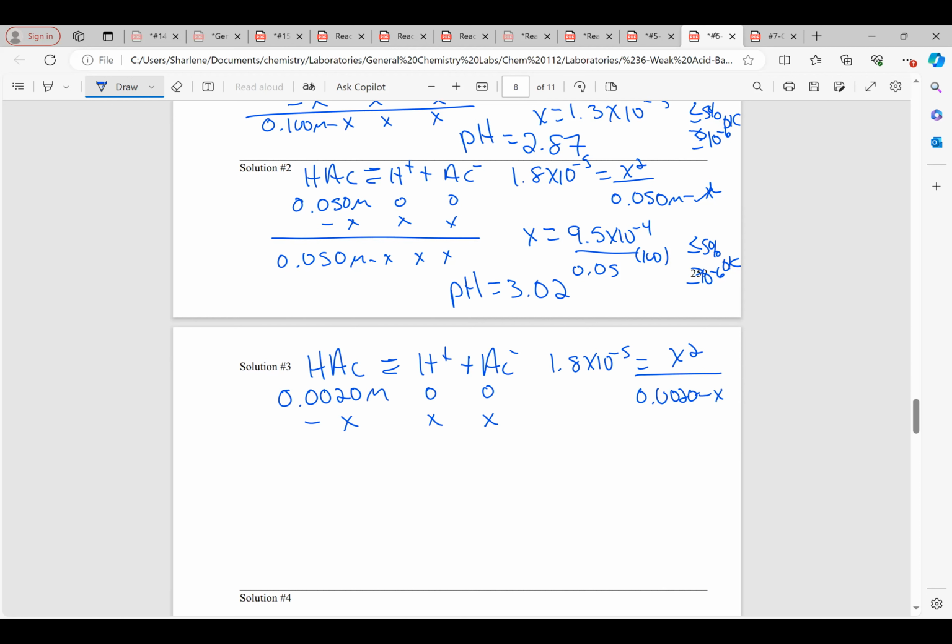Gonna ignore the X. And so 1.9 times 10 to the minus fourth. And that doesn't look right. 1.8. Yep, it is right. Okay, so 1.9 times 10 to the minus fourth, divided by that.